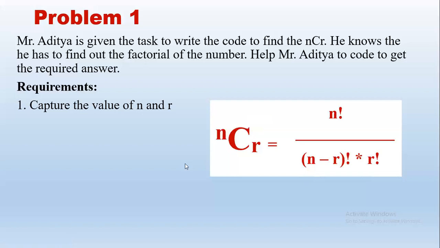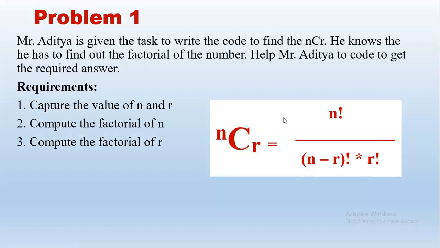So the first requirement is we got n and r. Now we need to find the factorial of n. Next, find factorial of r. Then find factorial of n minus r. You may ask why not n minus r first; you can do that as well, no problem. It only matters that we get all 3 values.